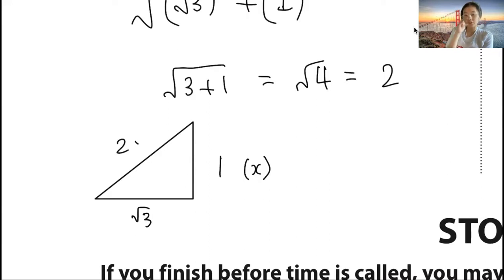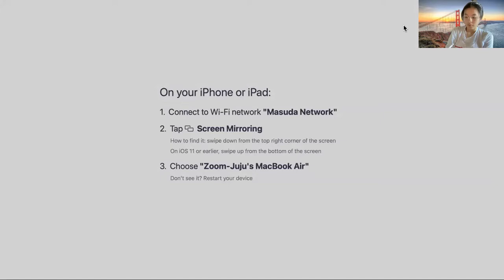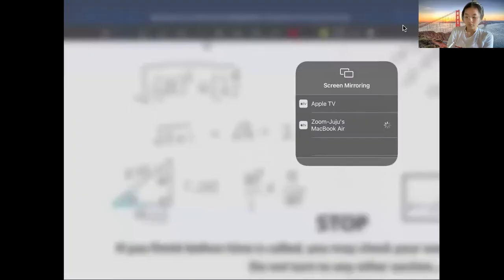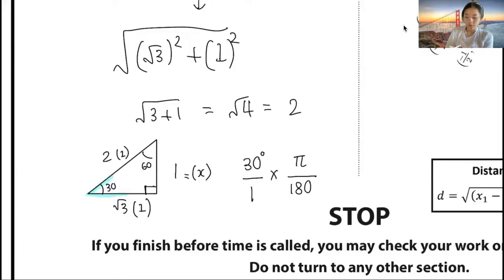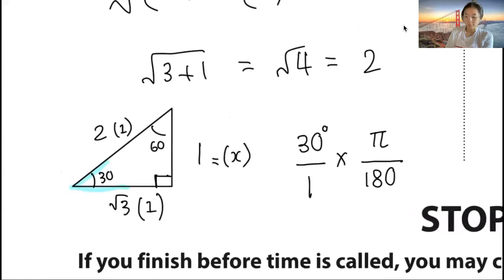And we need to make sure that the pi stays in the numerator and the degrees stay at the bottom so that we can cancel things out and the pi will remain.